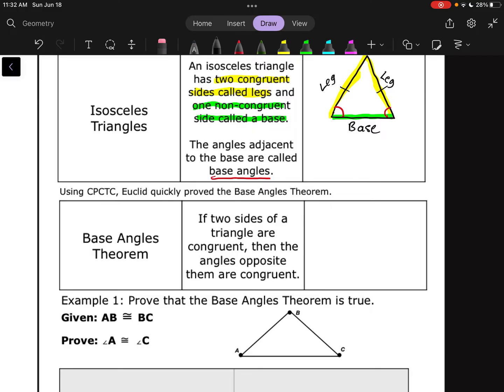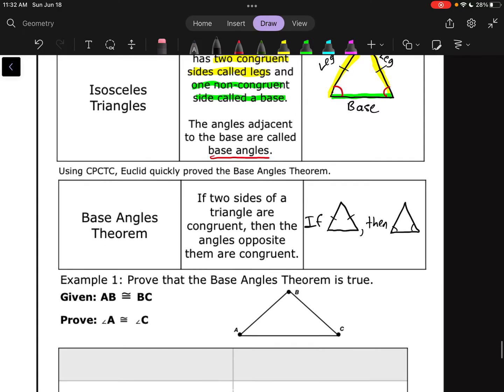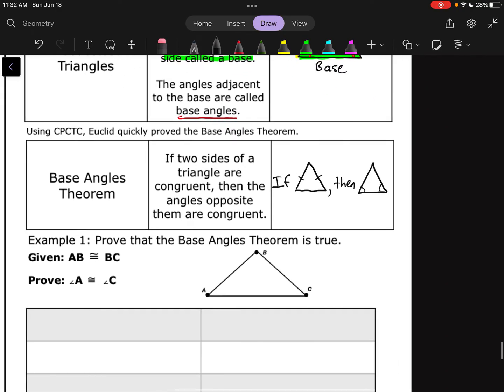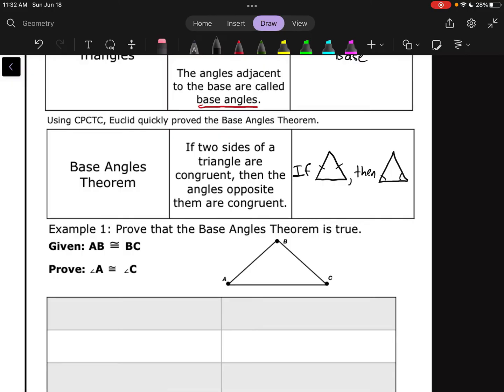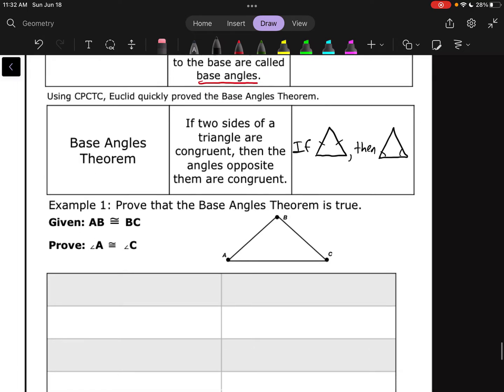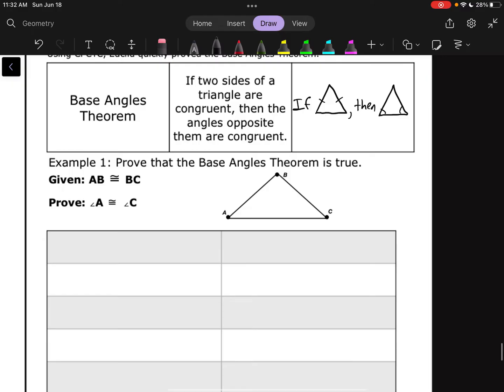So it's saying if you have a triangle with two sides the same, then you also have two angles that are the same, which some of you may have seen when we were classifying triangles, but I said we would come back to it later on. And so here we are, and we're going to try to prove that that statement is true.